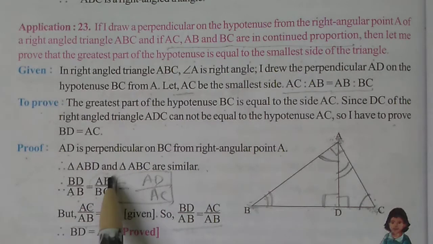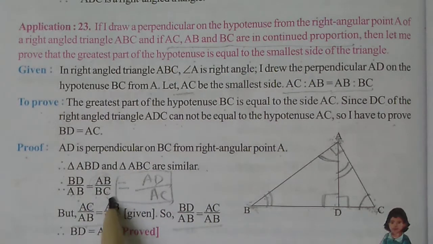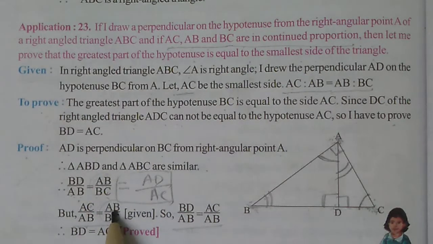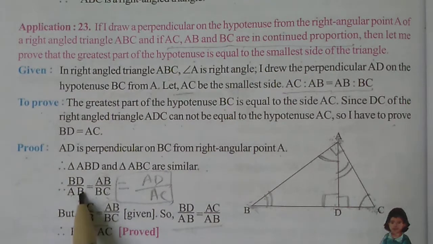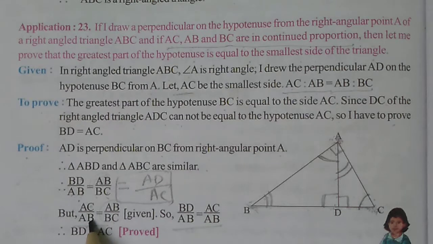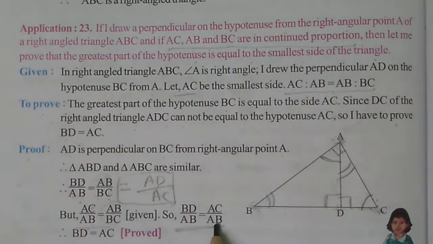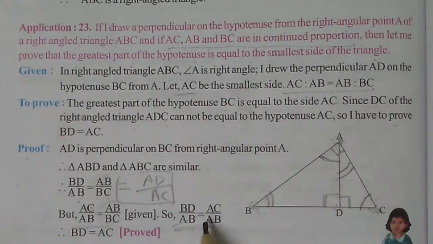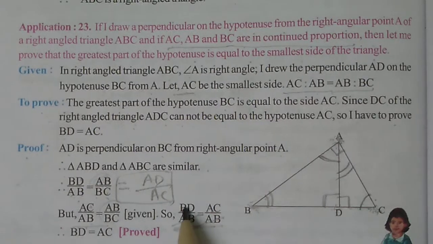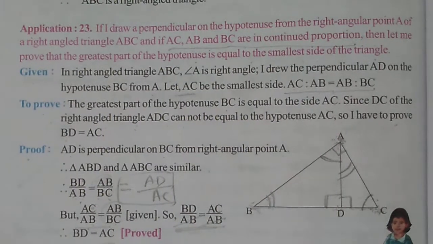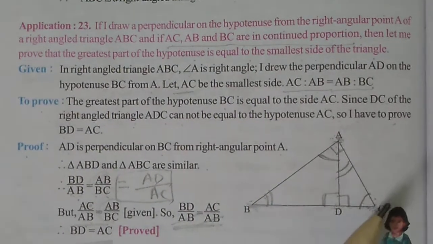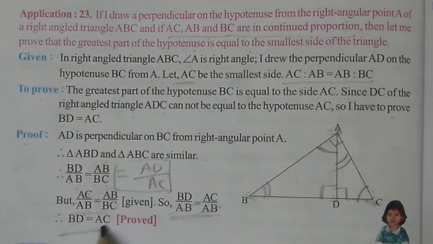We cancel AB and we get BD equal to AC. Okay, this is what was required to prove. This is the proof.